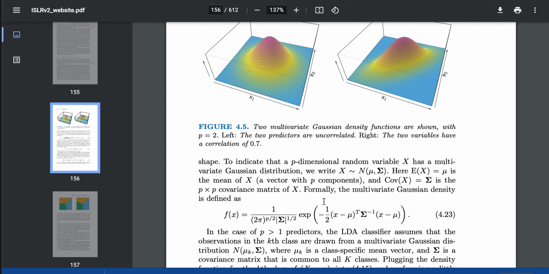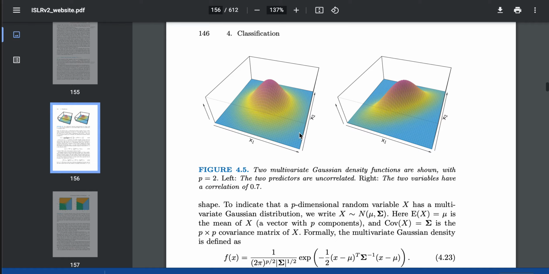Here we are looking at the bivariate Gaussian density. You see that it doesn't have a specific orientation, so the features are uncorrelated.